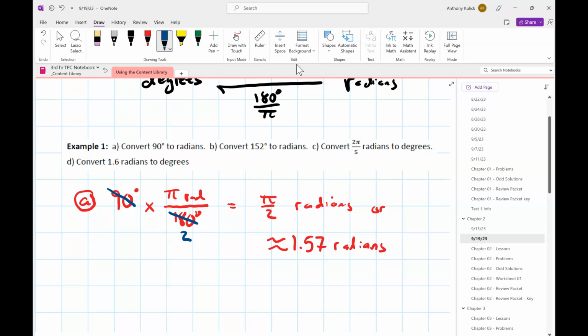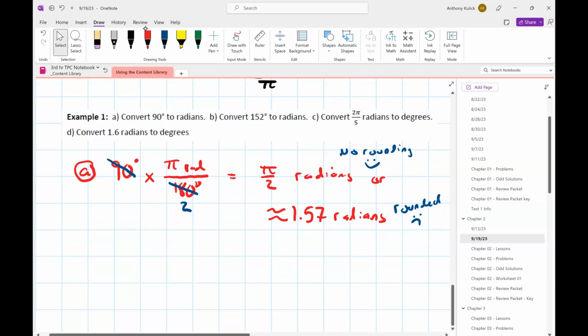Yes, more accurate. Why? There is no rounding. Yes, excellent. Now, there's certainly instances where the rounding could be unavoidable, and that's fine. But if possible, we'd like to not deal with that.